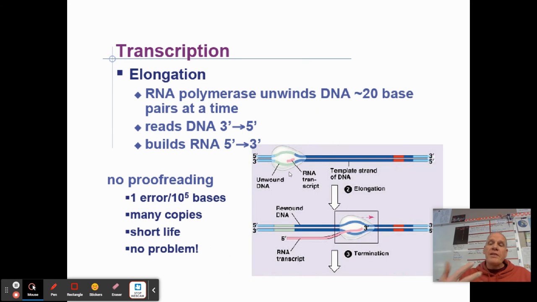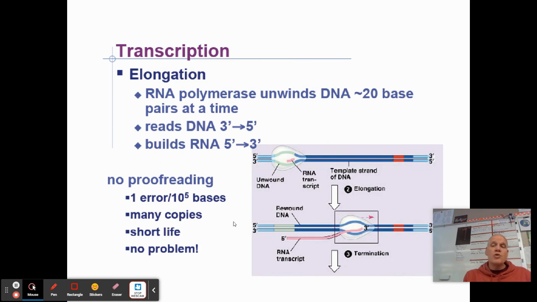Okay. Then the RNA polymerase is going to move down the DNA, reading the template strand about 20 bases at a time. It's reading it in the 3' to 5' direction and building the RNA in the 5' to 3' direction. Notice down here, there's no proofreading.